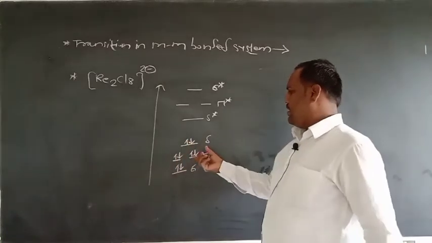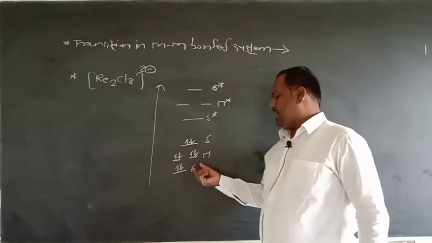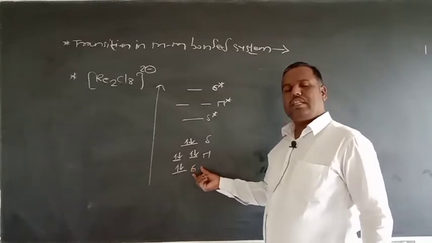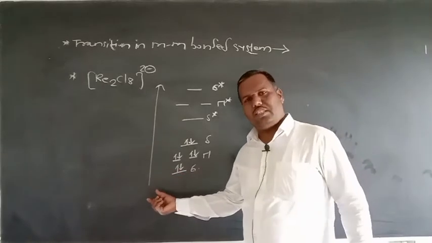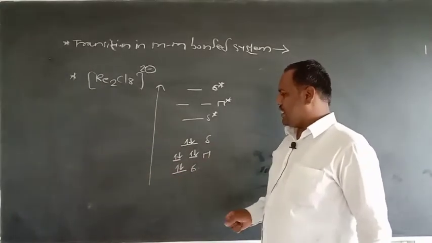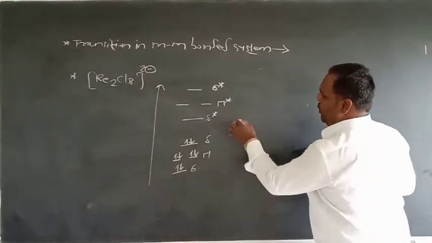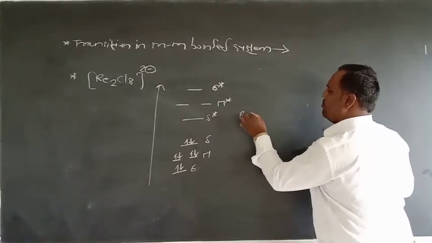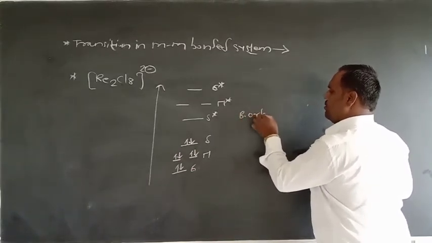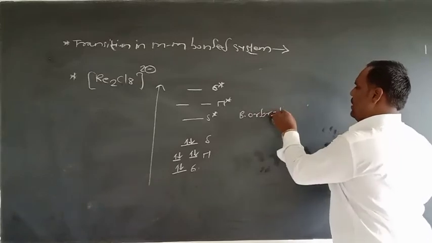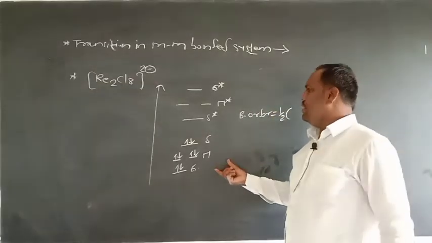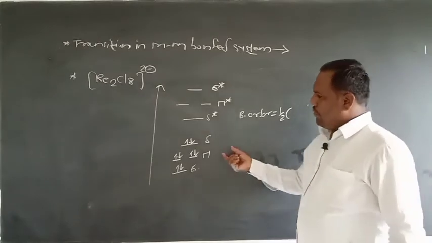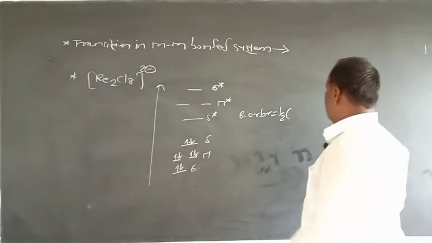All these bonding orbitals, the lower energy orbitals up to the HOMO, the highest occupied molecular orbital, are lower in energy, therefore they are filled first. And if you consider the bond order, bond order is equal to 1/2 into the number of electrons in bonding molecular orbitals minus the number of electrons in antibonding molecular orbitals.